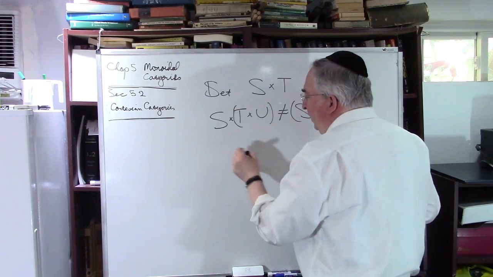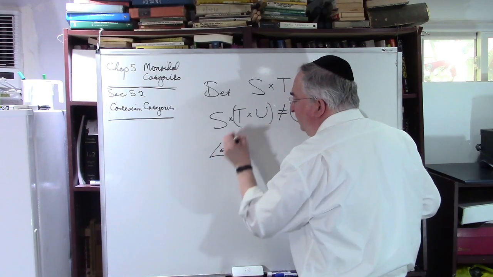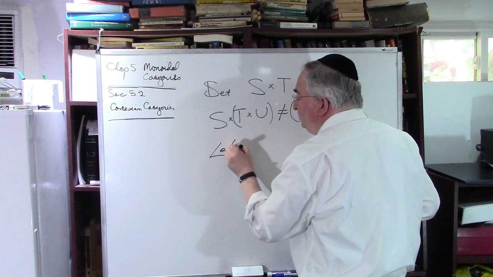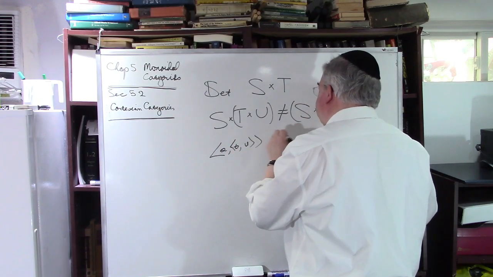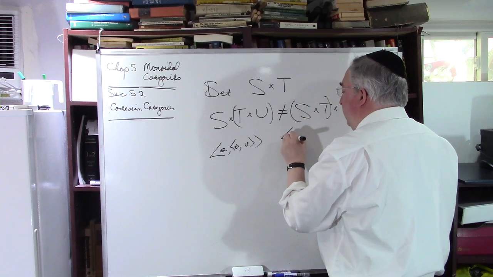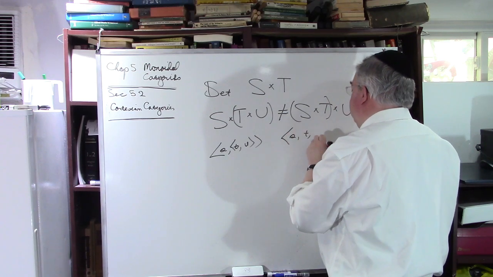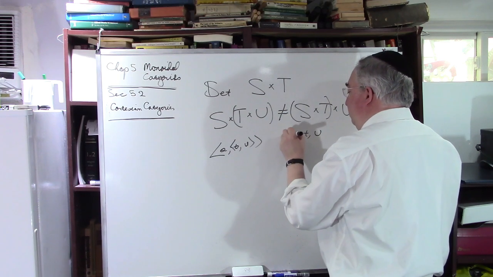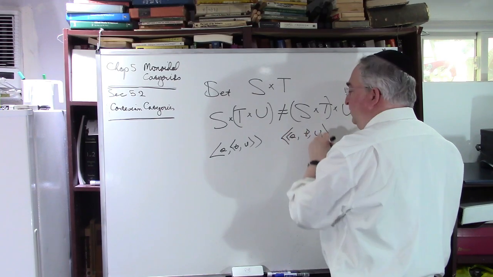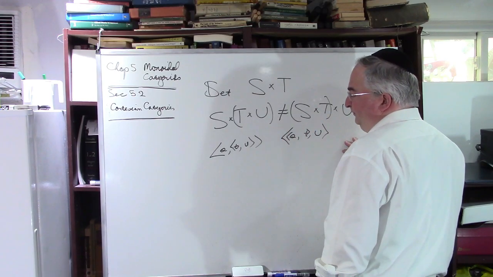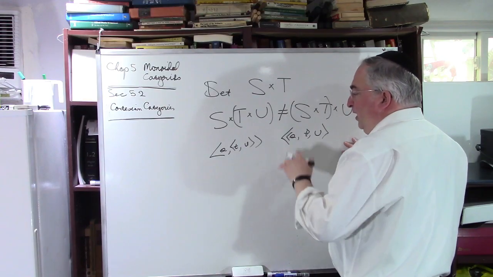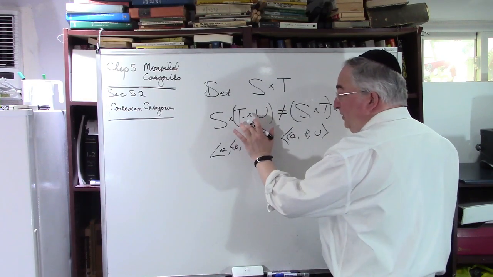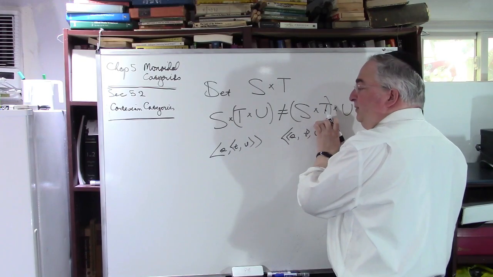Let's just see why. A typical element here is going to be a little s, a little t, a little u, and a typical element here is going to be a little s, a little t, a little u, but here there's going to be this type of pairing. So that's a t. Now, here's a typical element here, and here's a very similar typical element.